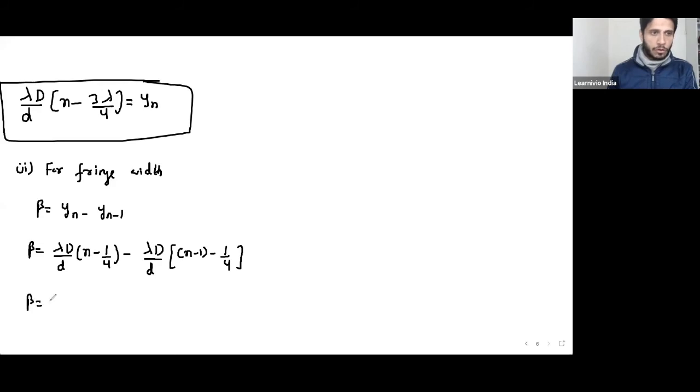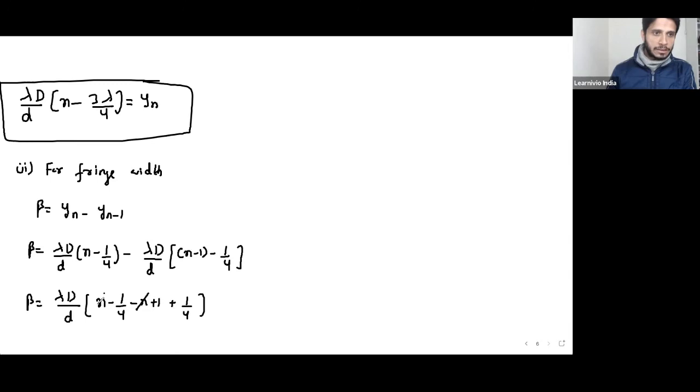Now if I solve it, lambda D by d is common. I'm left with n minus 1 by 4 minus n plus 1 plus 1 by 4. Due to this negative sign, all signs in the bracket will change. So this n becomes negative, this minus 1 becomes plus 1, and 1 by 4 becomes plus 1 by 4.